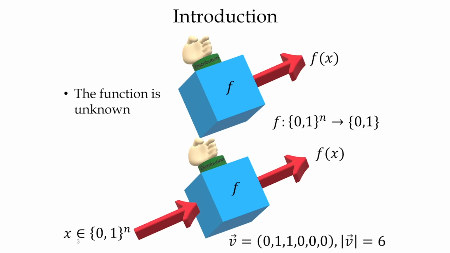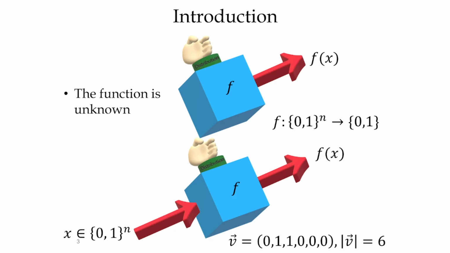For example, this Boolean vector here has the length of 6. On the function, there is a distribution, which is an oracle that draws a random Boolean vector according to the distribution D with the length n. In this paper, the distribution D will be uniform distribution.